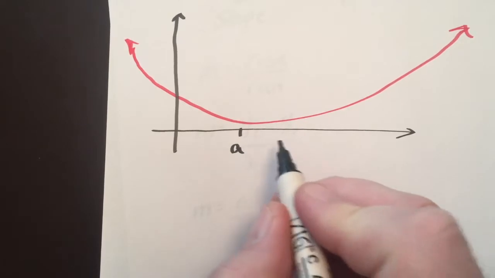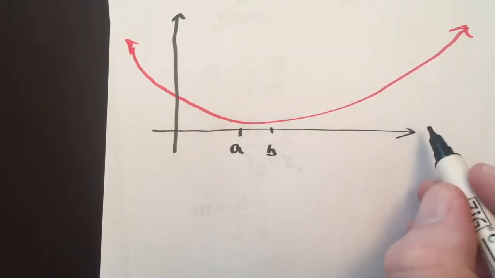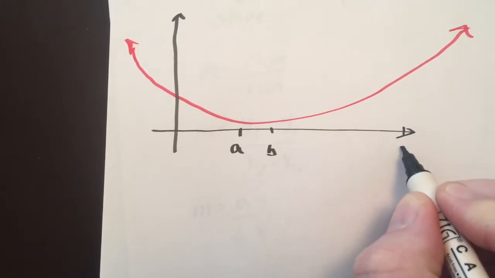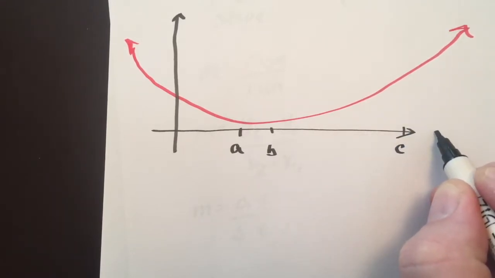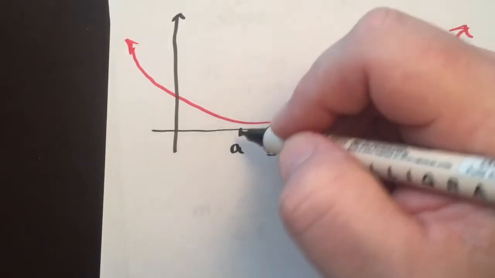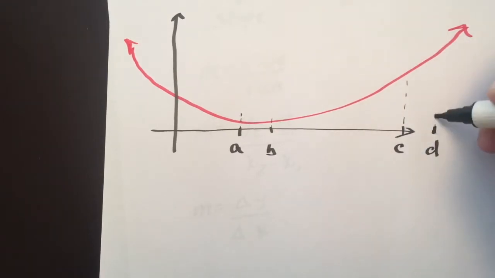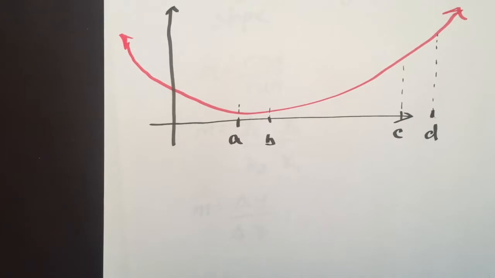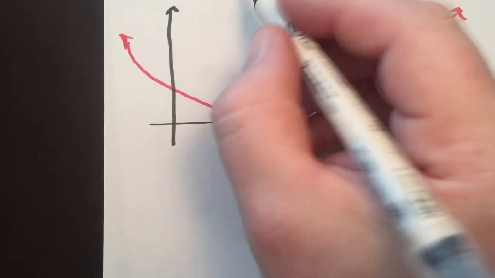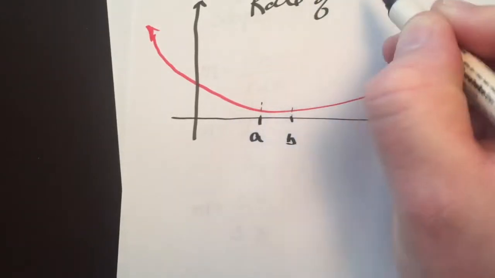This first point will be A. The second point we're just going to call B. Over here, we'll call this x value C, and a fourth x value D. And of course, you can draw a vertical line straight up so you can see where those x values cross our particular graph.